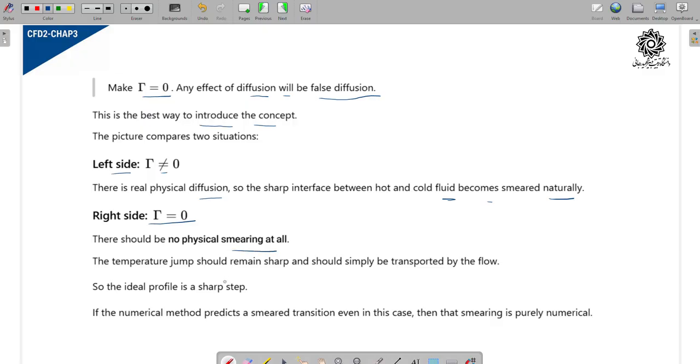The temperature jump should remain sharp and should simply be transported by the flow. So the ideal profile is a sharp step. If the numerical method predicts a smooth transition even in this case, then that smearing is purely numerical.